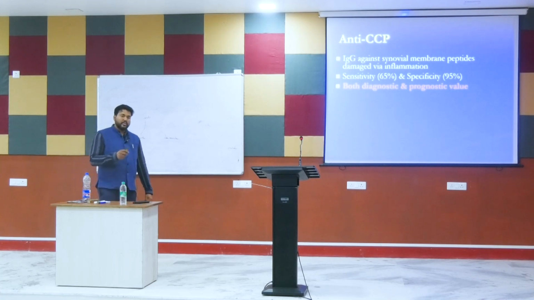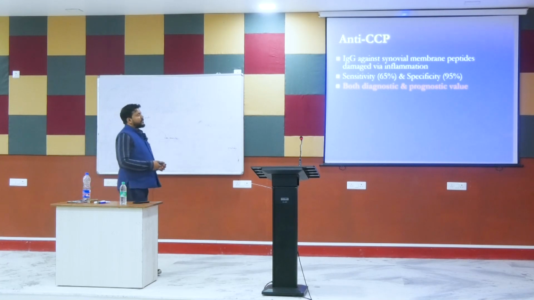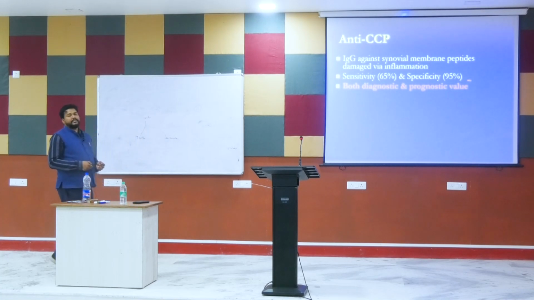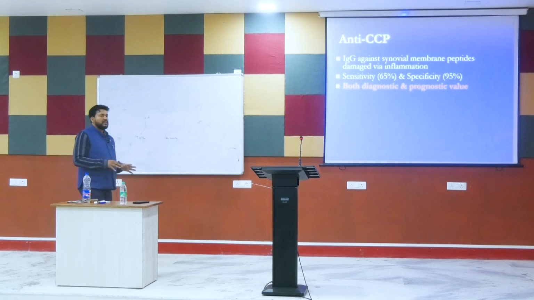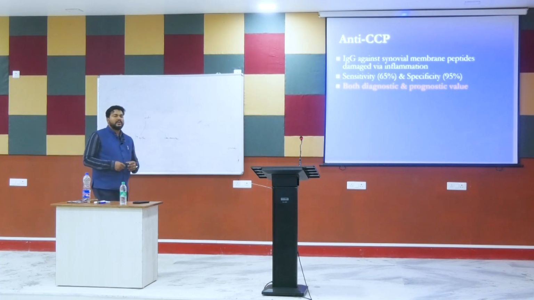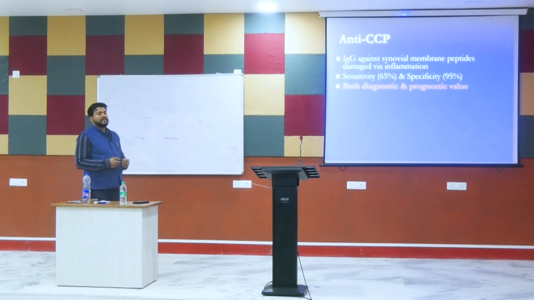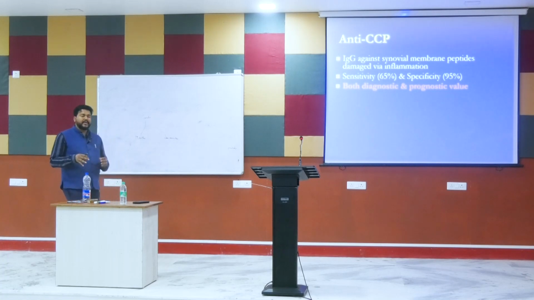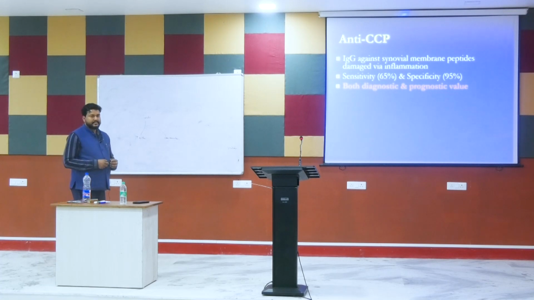It is more sensitive for diagnosis, so it has both diagnostic and prognostic value. Sensitivity 65% and specificity 95%. So if anti-CCP is positive, it is almost surely a case of RA. If RA factor is positive but anti-CCP is negative, you think of other diseases.